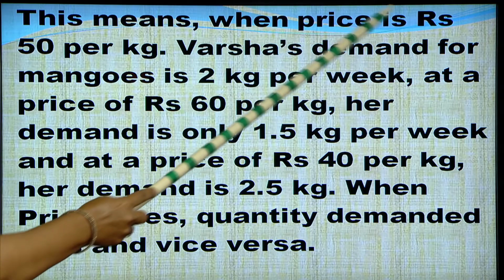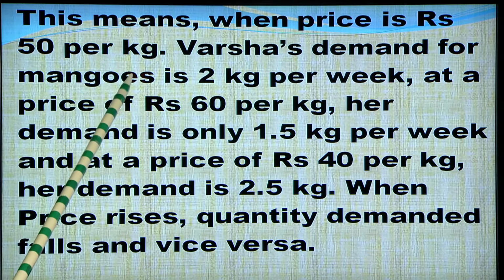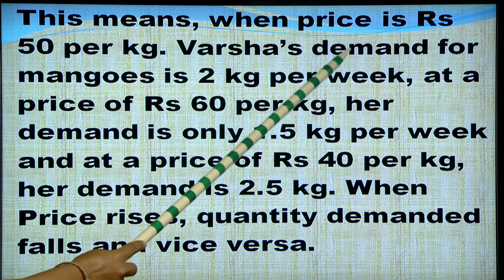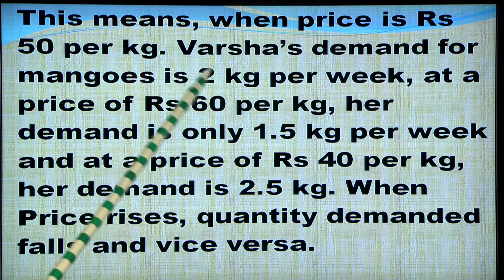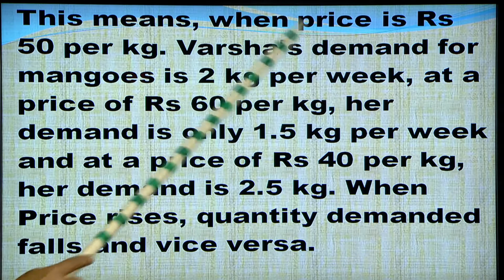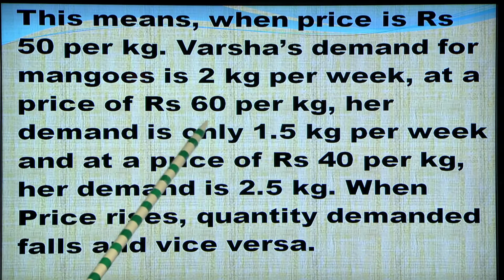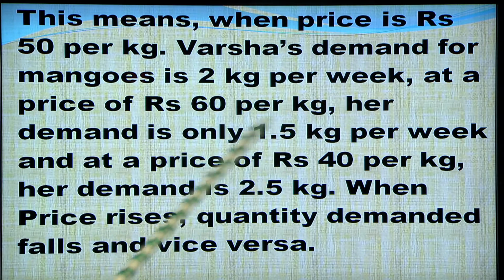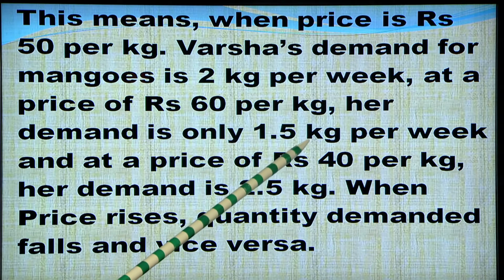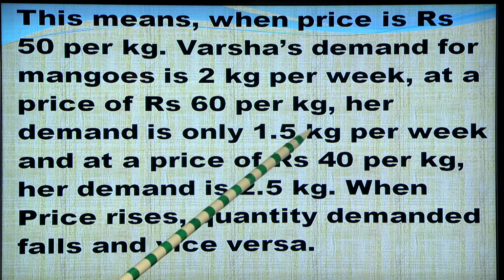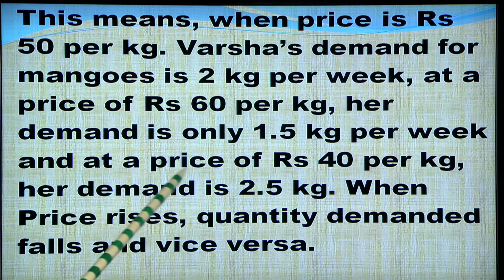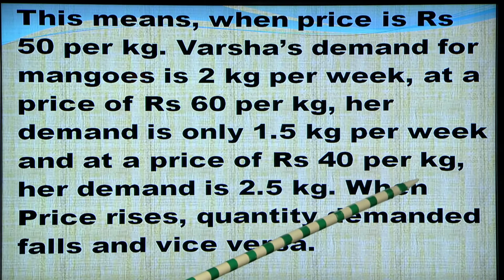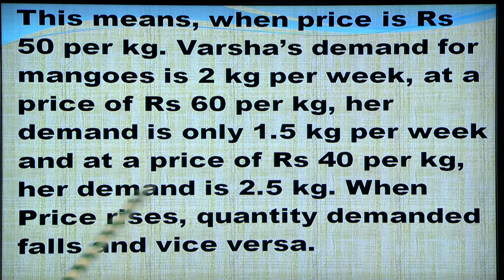This means when the price is rupees 50 per kg, Varsha's demand for mangoes is 2 kg per week. At a price of rupees 60 per kg, her demand is only 1.5 kg per week, and at a price of rupees 40 per kg, her demand is 2.5 kg.